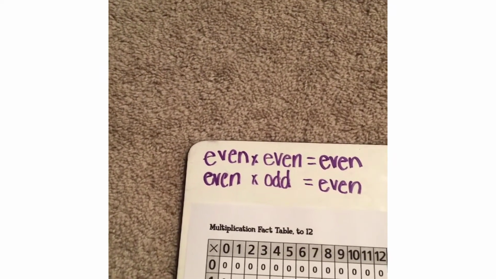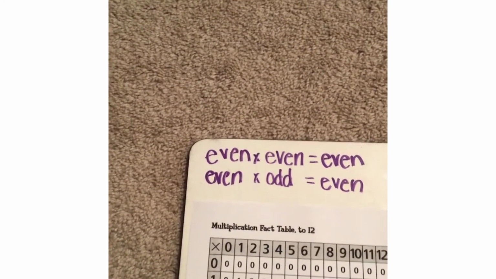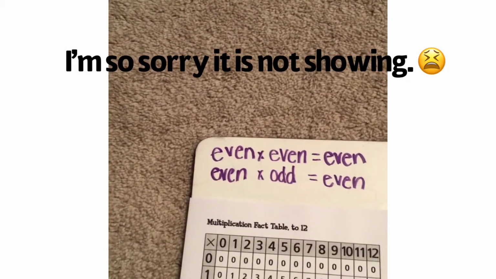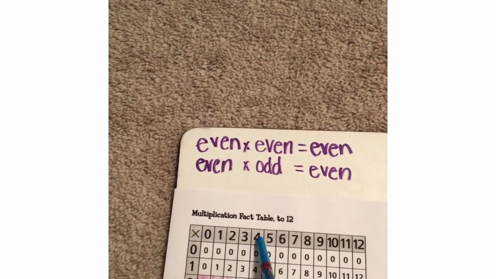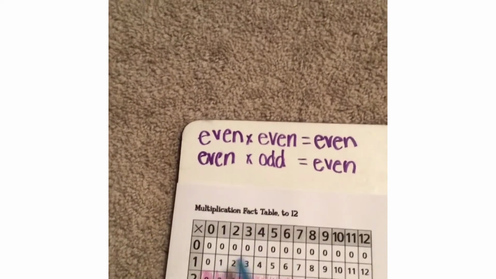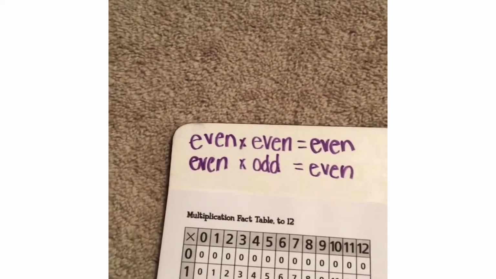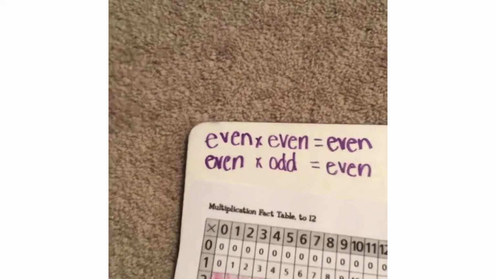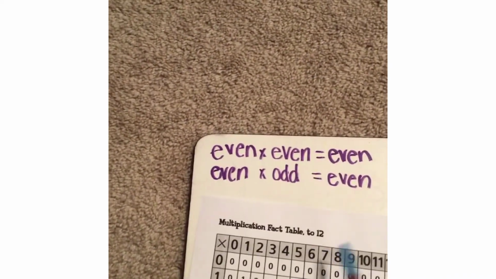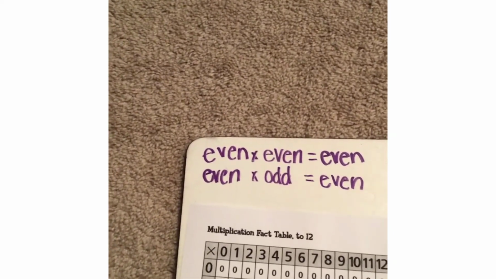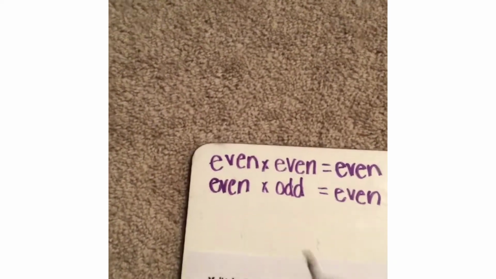Odd 3 times odd 3 gives me odd 9. Odd 3 times even 4 is 12, which is even. Odd 3 times odd 5 gives me odd 15. Guys, are you seeing this? Every time I multiply an odd number times an odd number, I get an odd number.